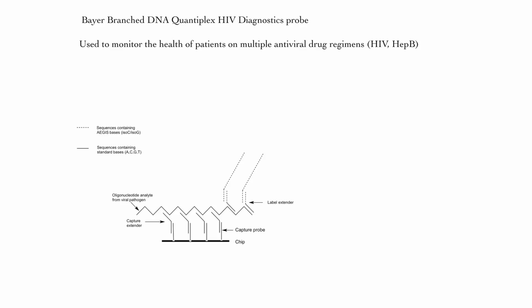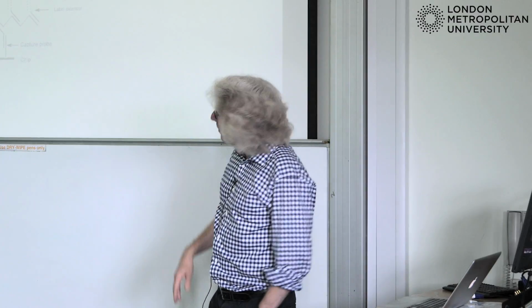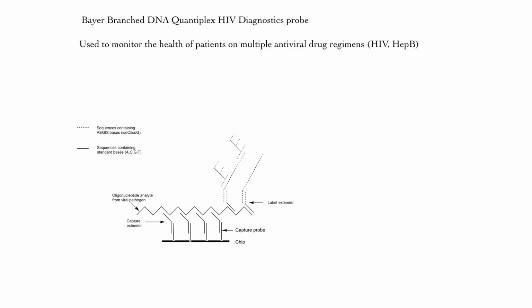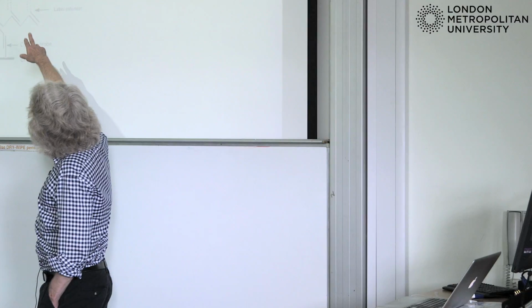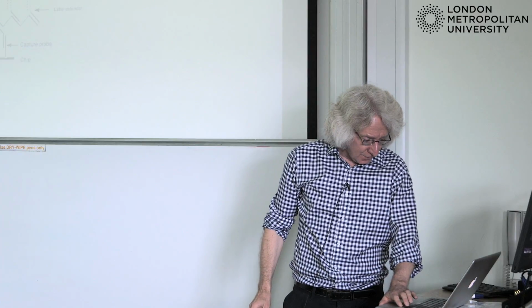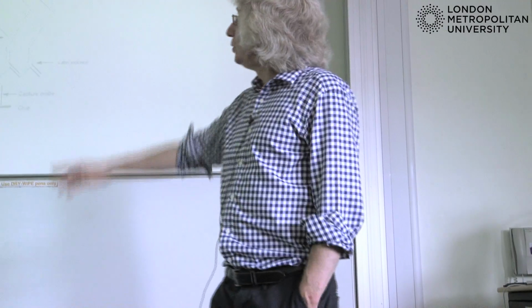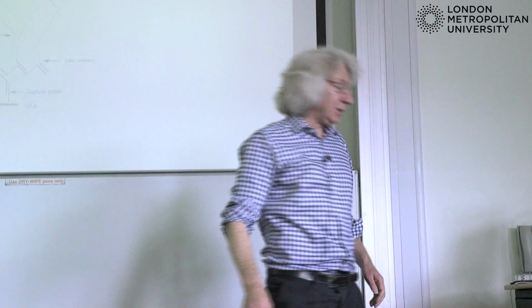You can see that that's the sequences. So the dashed lines contain Aegis, in this case Iso-C and Iso-G base pairs. Then there's a branched DNA also containing non-standard base pairs. So this is like a quaternary sandwich complex. And the final part of it, using fluorescently labeled probes, also Aegis sequences containing fluorescently labeled probes.